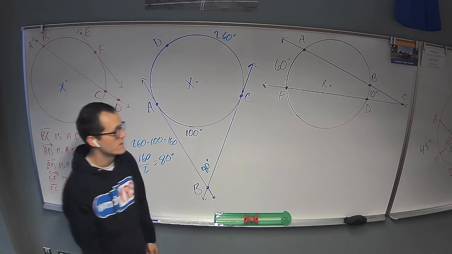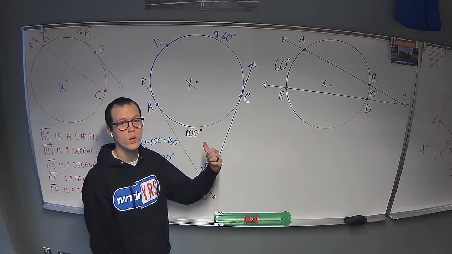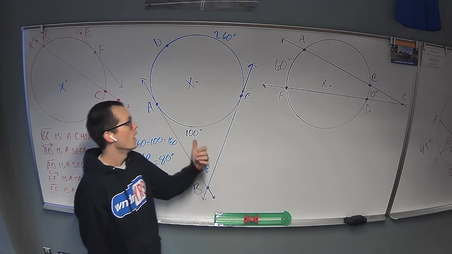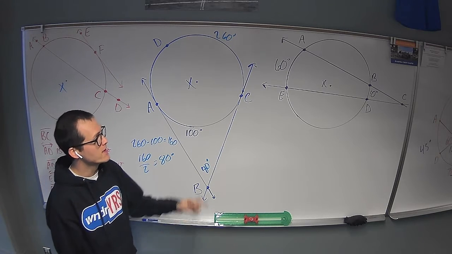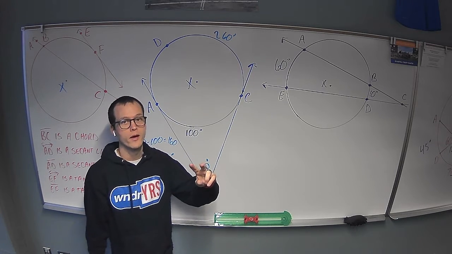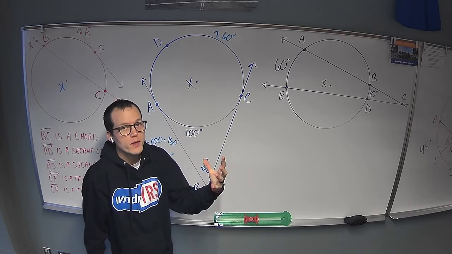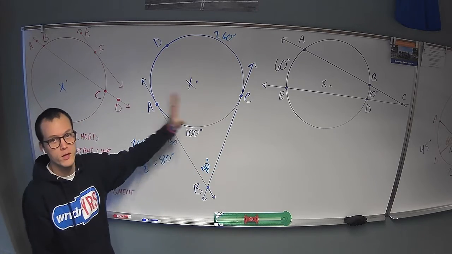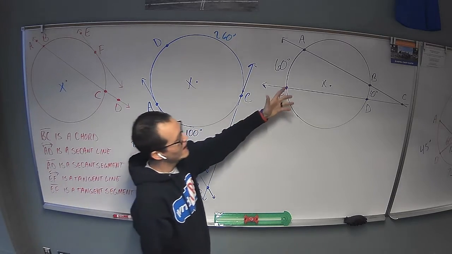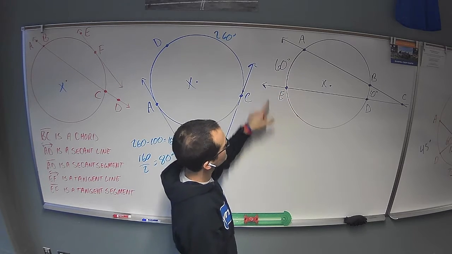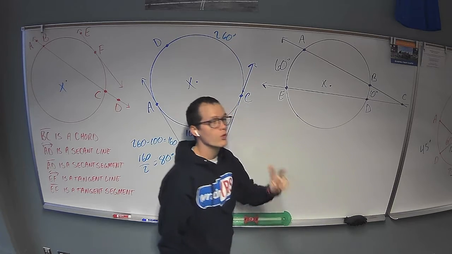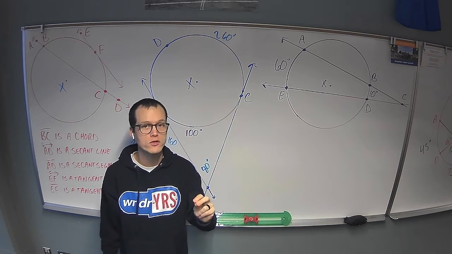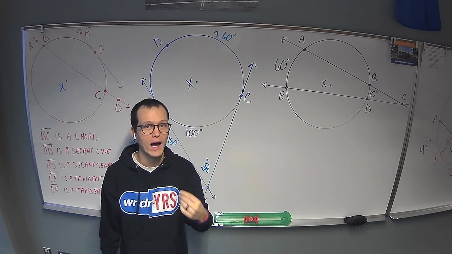The way that we do this is super similar to what we just did with the two tangent theorem. With two secants, you're going to take the two arcs that are intersected by our angle. Now, it's a little different because here there's only two arcs, period, end of story. Over here, we kind of have four: there's AE, there's ED, there's DB, and then there's BA. But we're only interested in two of them, the arcs that are intersected by our angle.